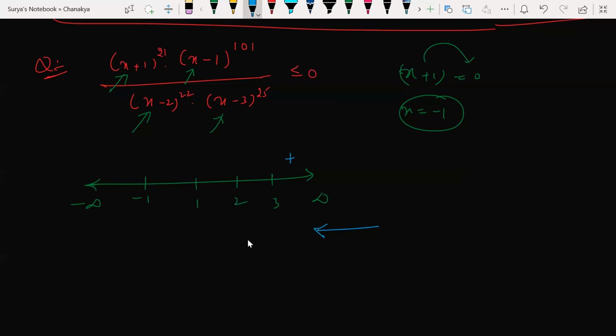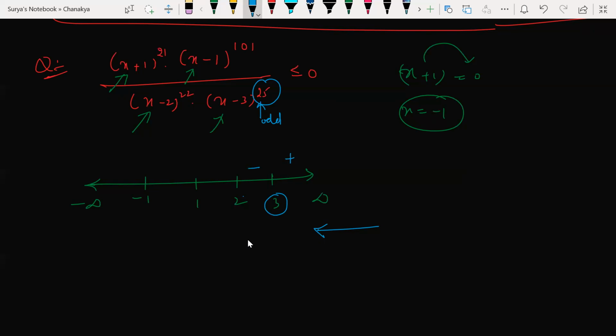First of all, I asked you to start with plus. What is the power of 3 here? Odd or even? 25 is an odd number, isn't it? When you have odd power, sign changes. So this plus becomes minus.